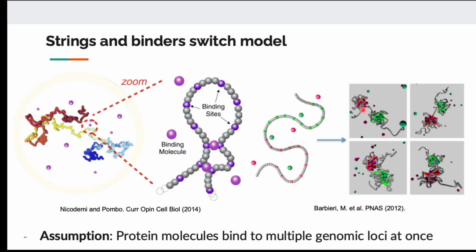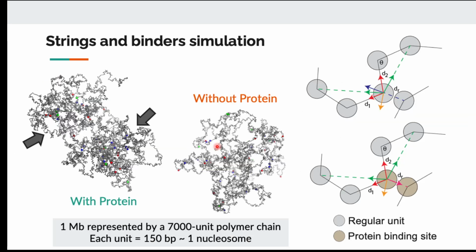That's not possible. But still, 10 years ago, that was the best model that people had. So if you want to follow this kind of idea, allowing protein to bind to certain positions so that it can regulate the structure of the DNA, you can run this kind of simulation.